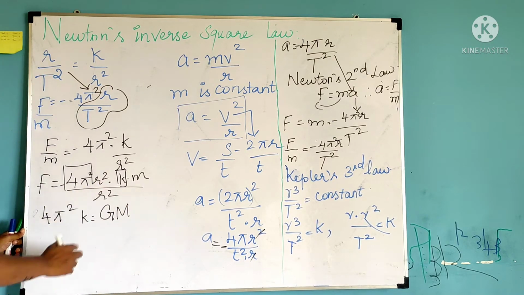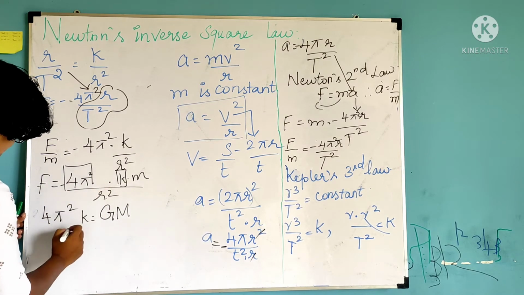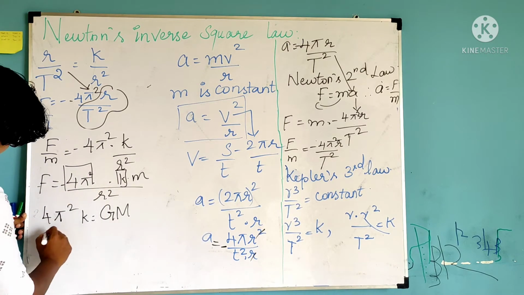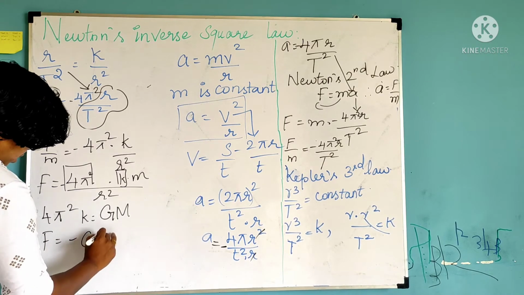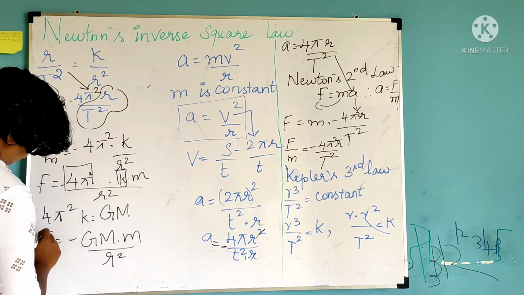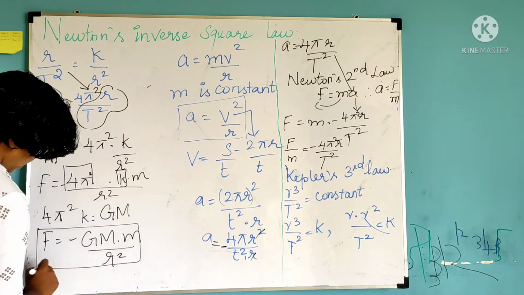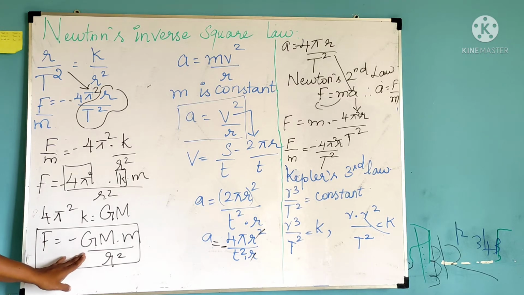So in this place we can substitute the value of 4 pi square k. Whereas F is equal to minus GMm divided by r square. So this is the final equation, minus GMm divided by r square.